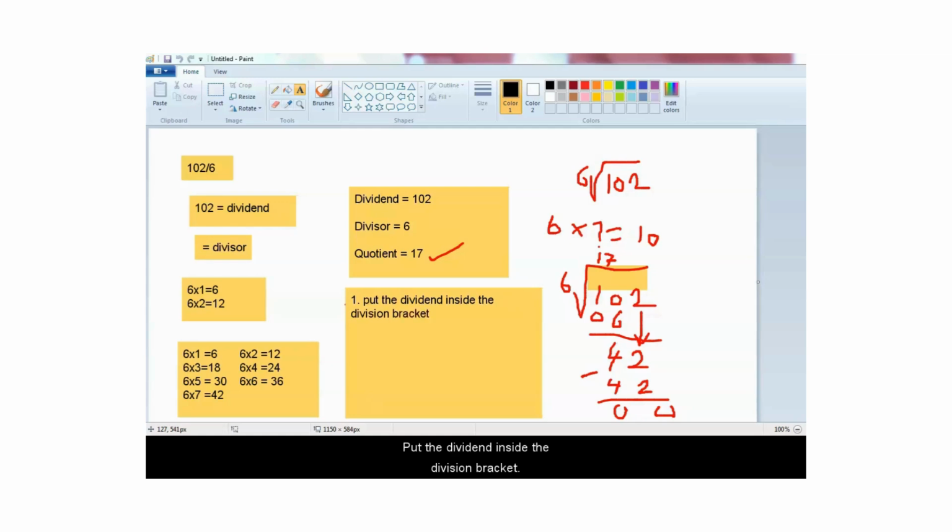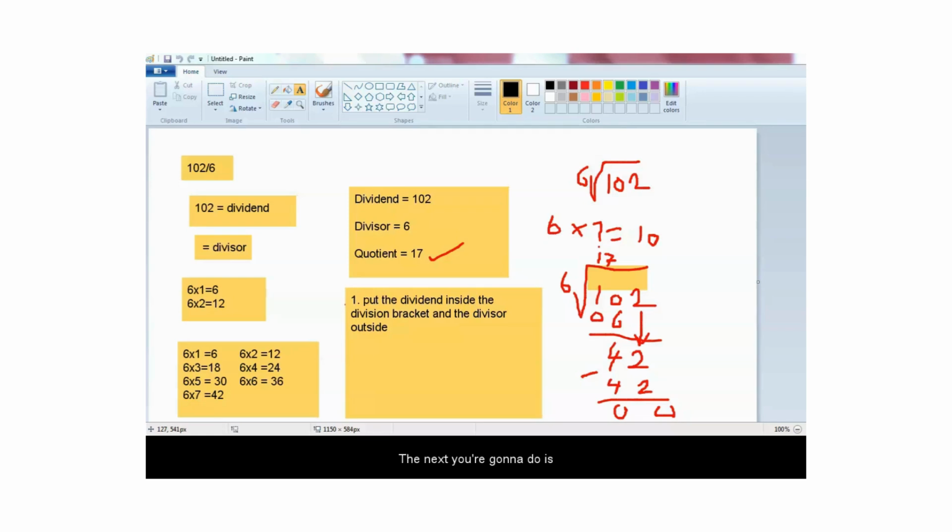You put the dividend inside the division bracket and the divisor outside the bracket. Just like here, 102 is the dividend. It goes inside the division bracket. 6 is the divisor. It stays outside the bracket.